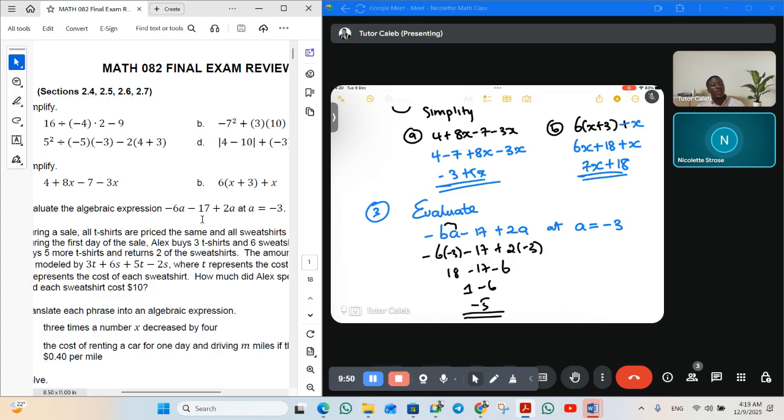I do have a question. So we just wrote minus 6 instead of the plus sign because our answer was minus in front of it? Yes. Plus 2 times minus 3 gives us minus 6.